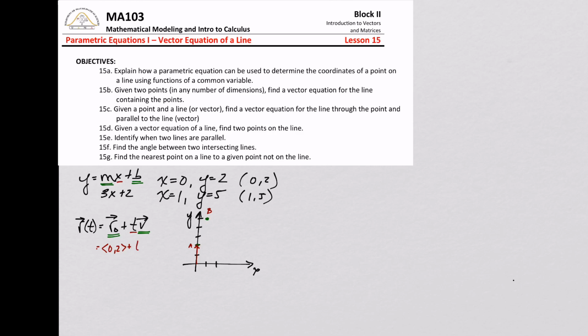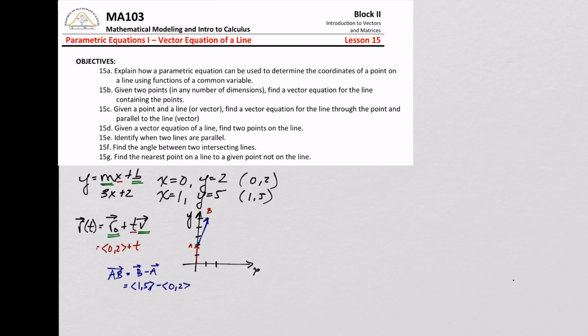plus t times v. I told you v was a displacement vector, and all it is is the displacement vector for us to get from A to B. So we want to find this displacement vector right here. If we want to find AB, all we have to do is B minus A. So I can write out 1, 5 minus 0, 2.